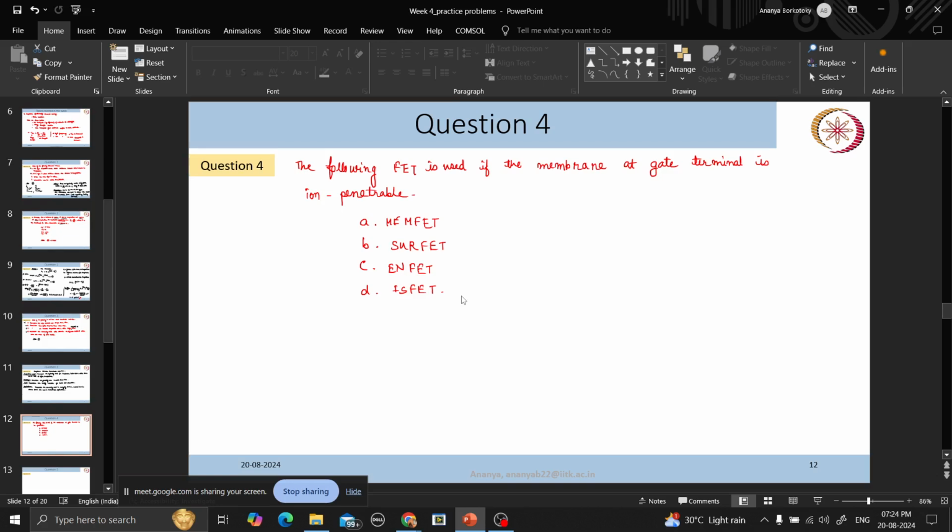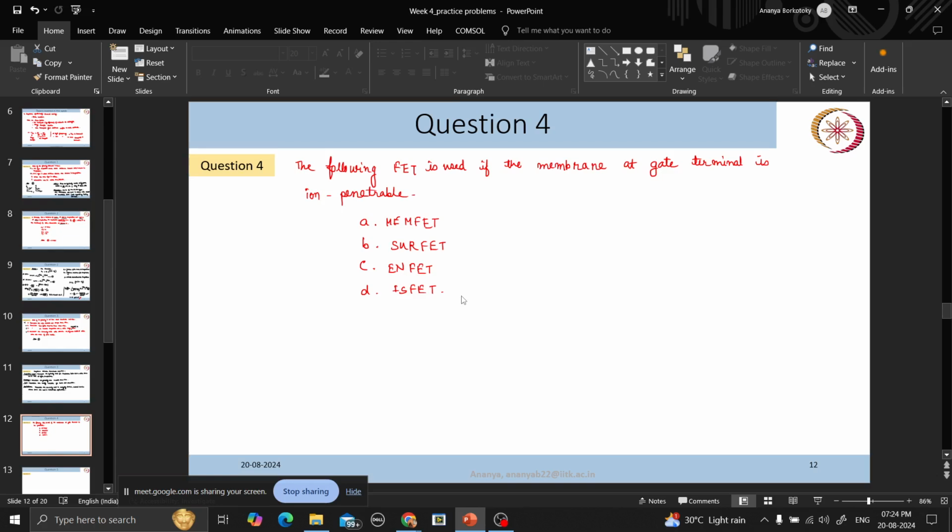So based on the type of the ion and what we actually want to sense, the FET configurations are a bit different, and those are known as MEMFET, SURFET, NFET or ISFET.